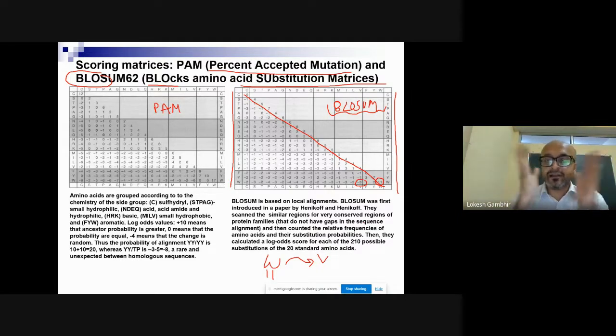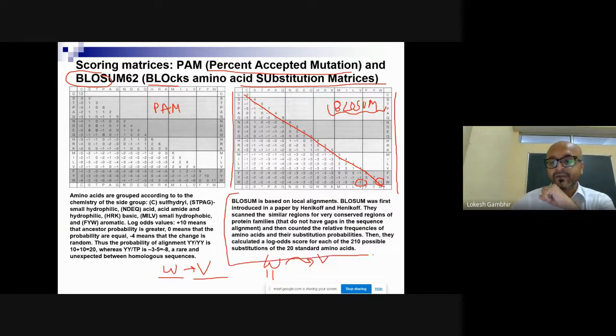They counted the relative frequencies of the amino acids, that if W is present, what should be the frequency of valine that I should be talking about. And also they took into account the probabilities of substitution. What is the likelihood of substitution among all the 20 amino acids? And then they designed this particular matrix.